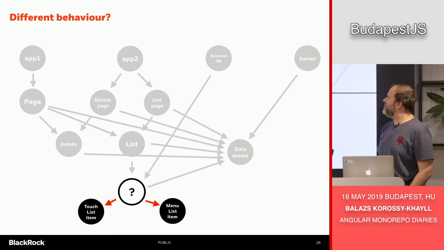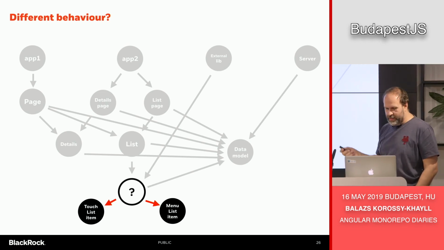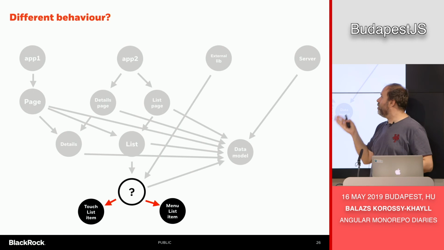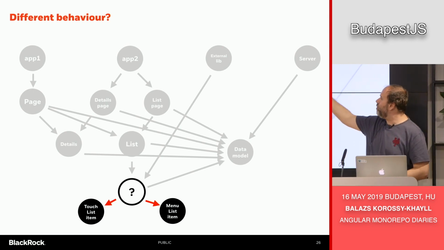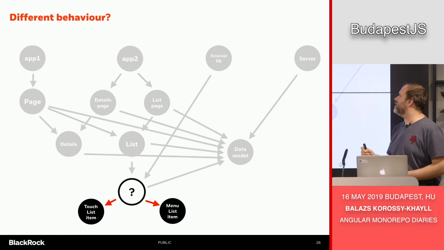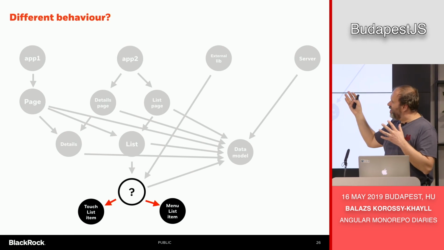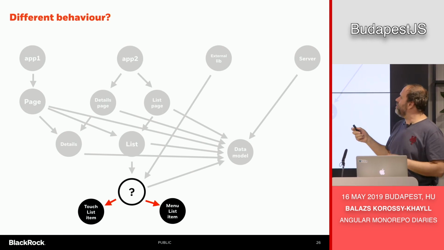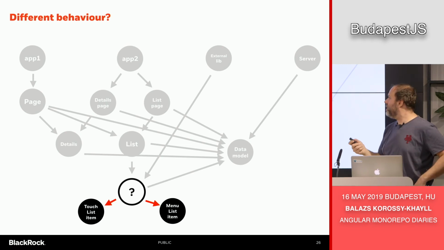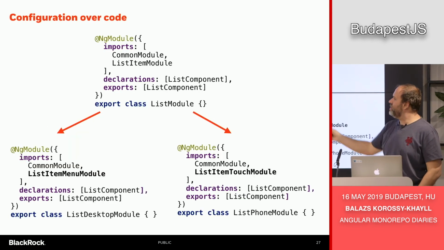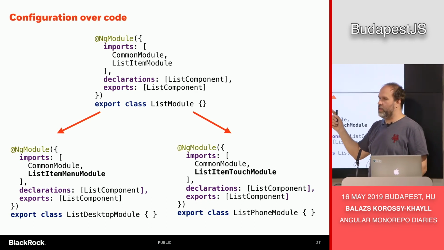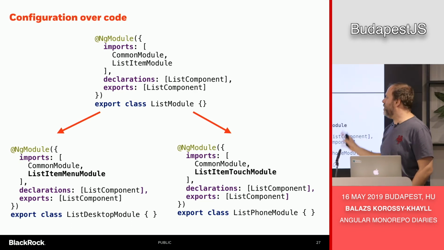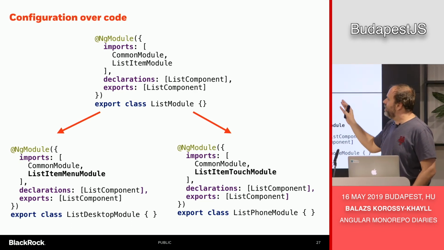So that's terrible. Instead, in the monorepo, you have the advantage that you have two different applications for the two different devices, right? So it has to be possible. One solution would be to implement the touch version and the desktop version.